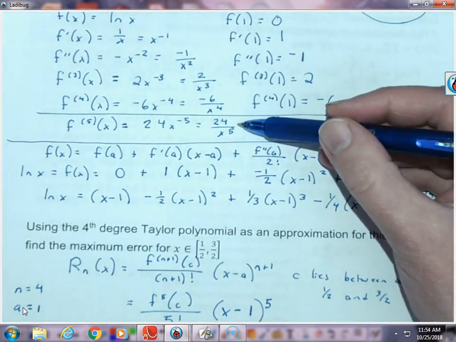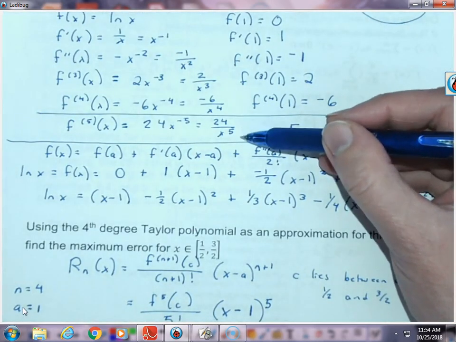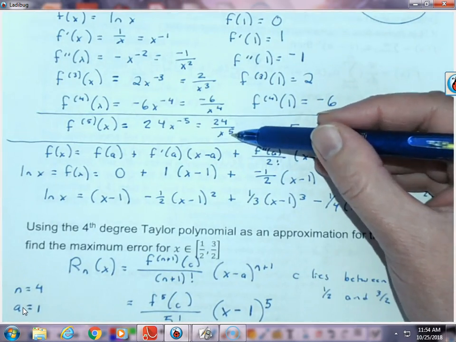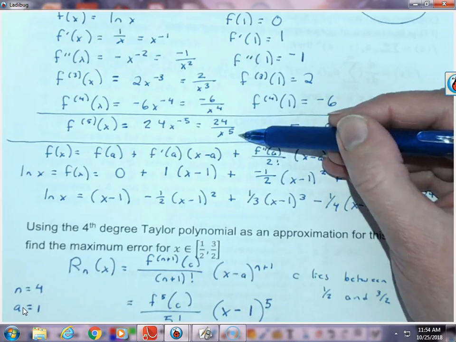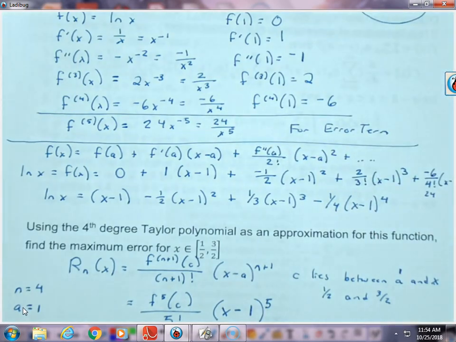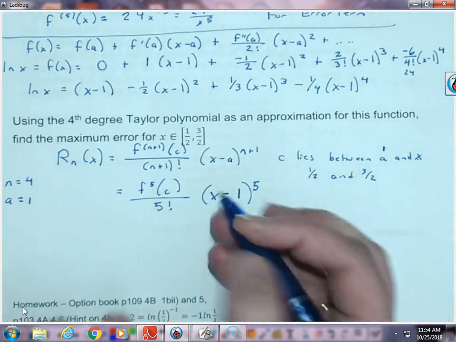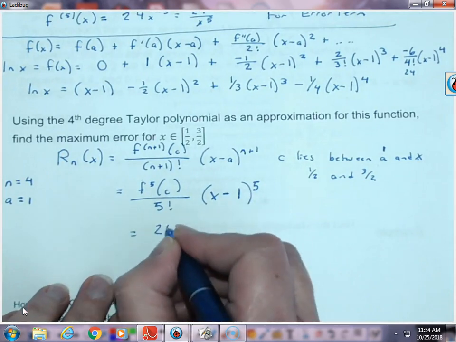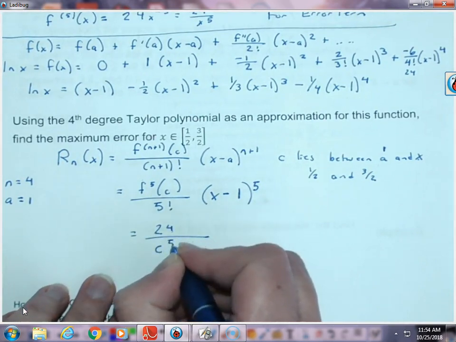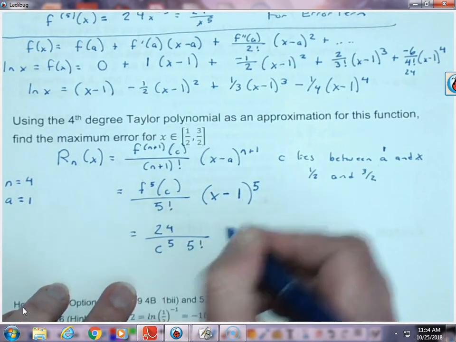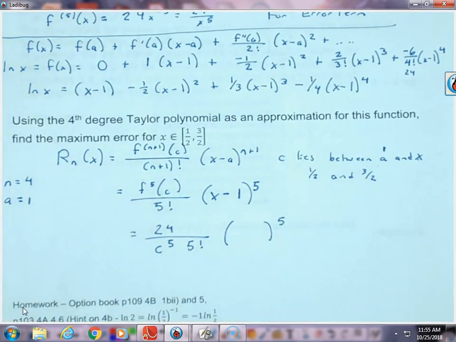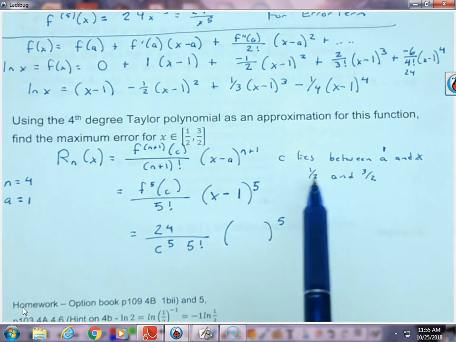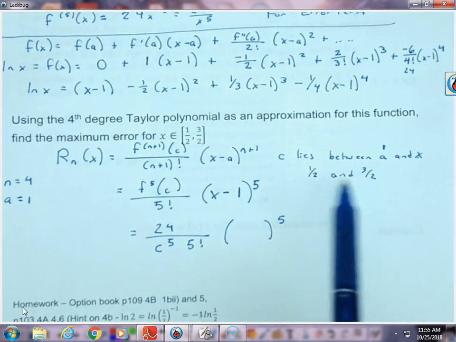Okay, so we found that already. It's 24 over x to the 5th, and I'm supposed to plug c into it. So I'm going to write it as 24 over c to the 5th. I'll deal with c when I figure out what it is. Okay, so this would be 24 over c to the 5th, 5 factorial. Now, x has got to be between a half and 3/2.